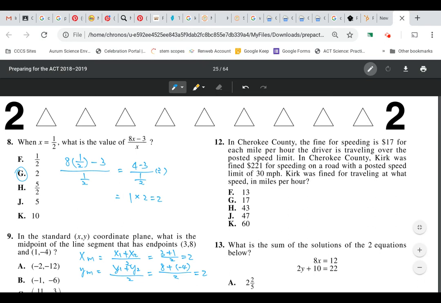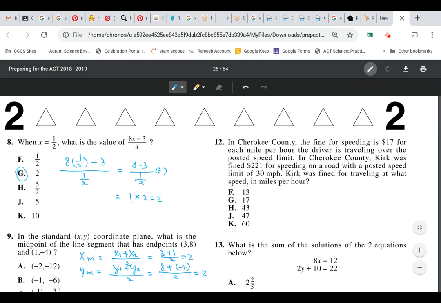Okay, how many miles is there? Kirk was fined $221 for speeding with a posted speed limit of 30 miles per hour. Kirk was fined for traveling at what speed?